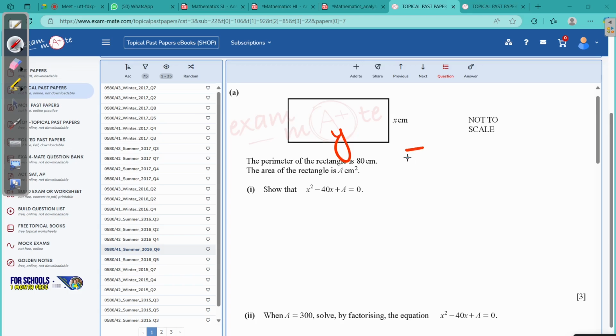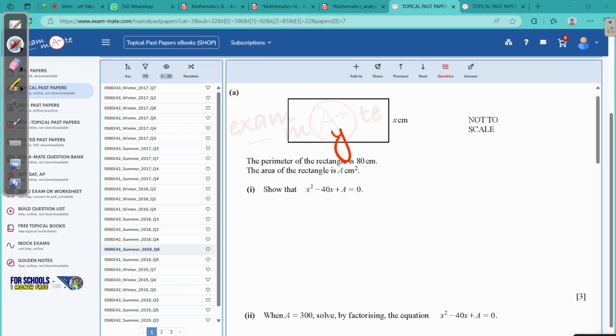Tell me the first equation which you will form. Perimeter is 80, so you will equate 80 to what expression? You don't know what x is here. Okay, should I explain, or do you want to do something?